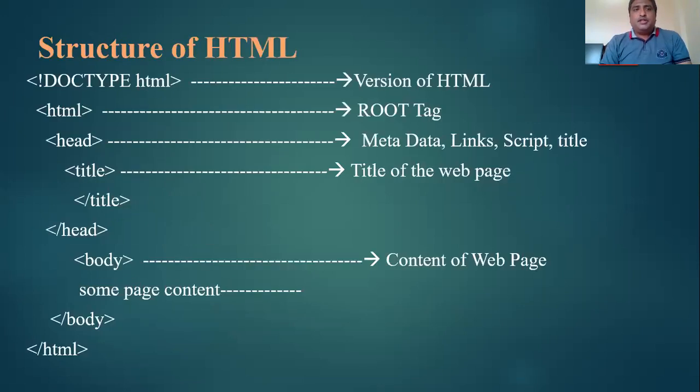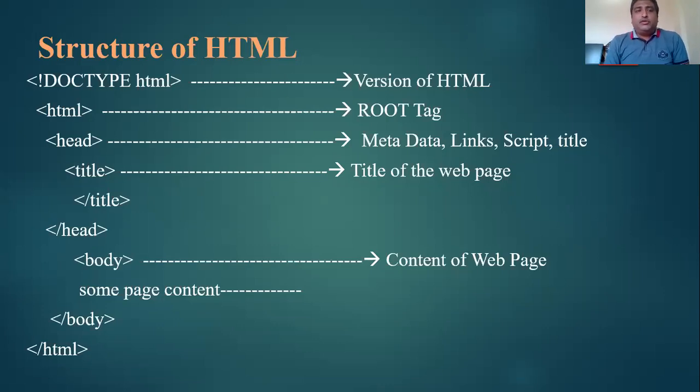Next point is structure of HTML. In structure, first we define the doctype. It shows the version of HTML. To start the HTML coding, the first root tag is html. In that we are using the head tag. Head tag is used to define the metadata, links, scripts, titles.